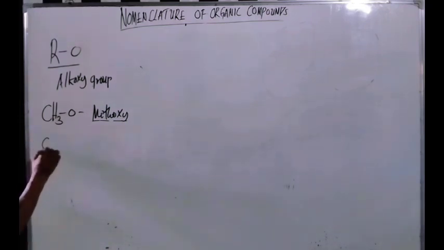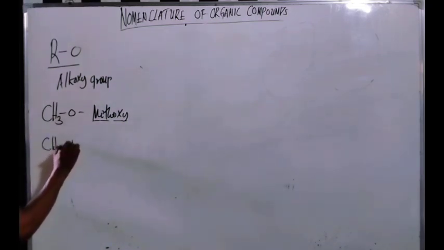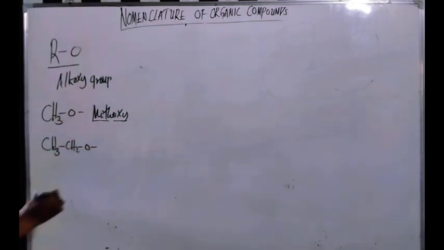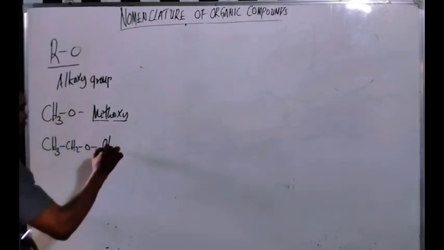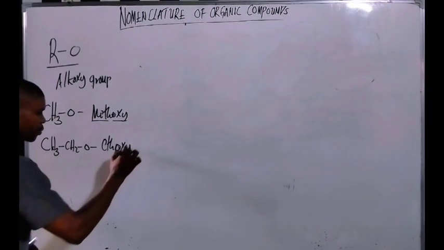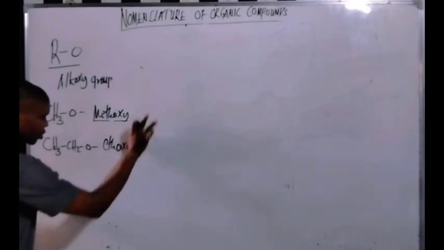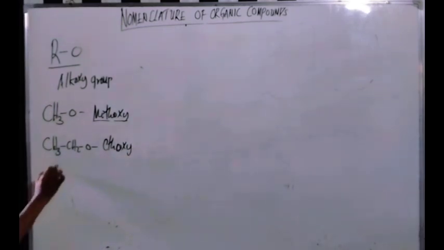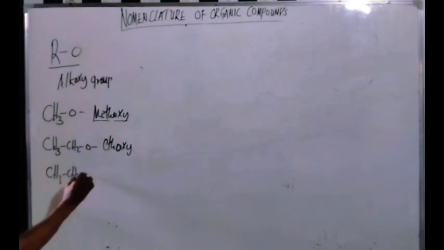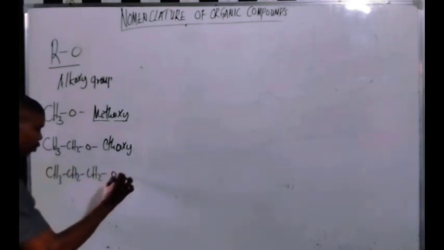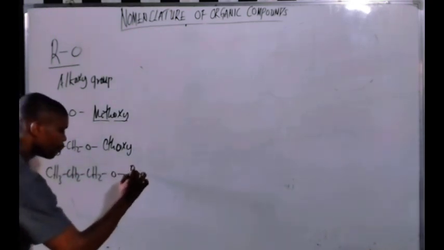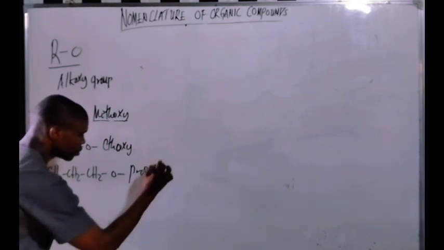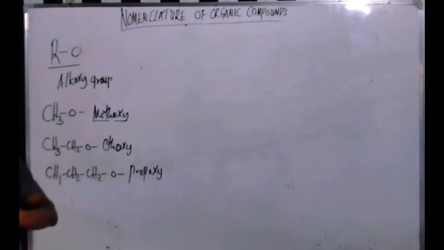For example, here we have CH3CH2O. This is called an ethoxy group. For CH3CH2CH2O, it's called a propoxy group, just like propyl.